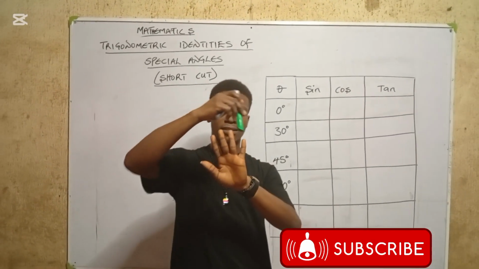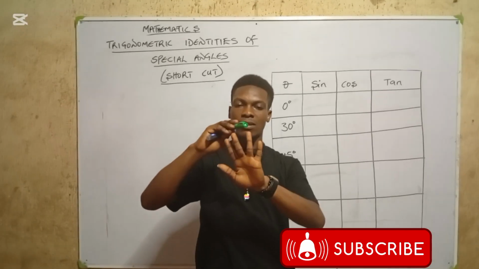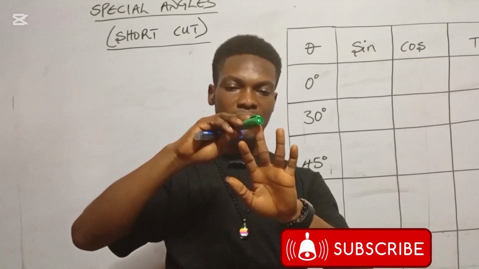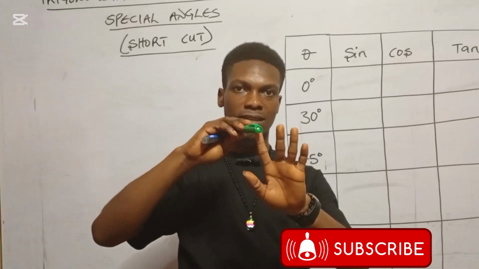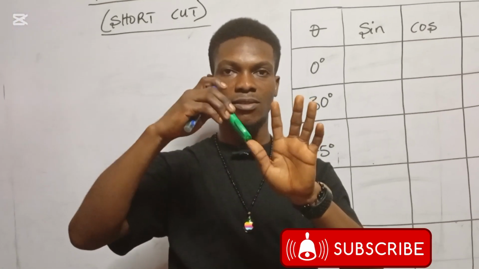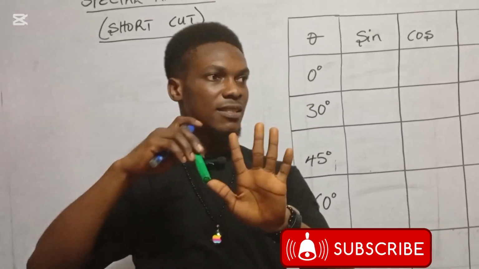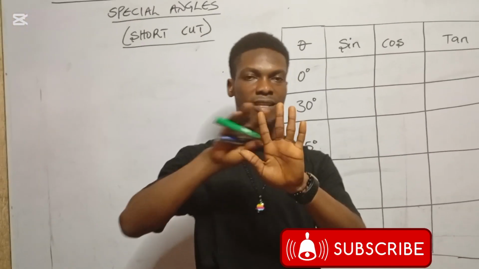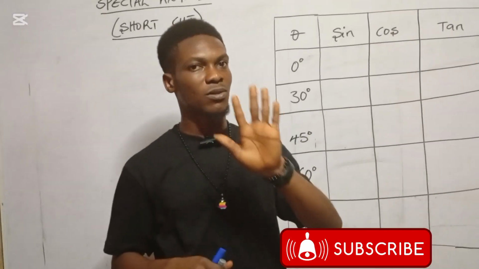Let me take it again. 0 degrees, 30 degrees, middle finger, 45 degrees, index finger is 60 degrees, and the thumb is 90 degrees. Remember, I said the left side is for your sine and the right side is for your cosine.